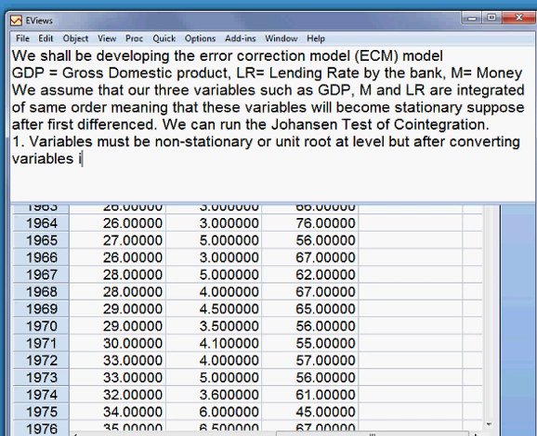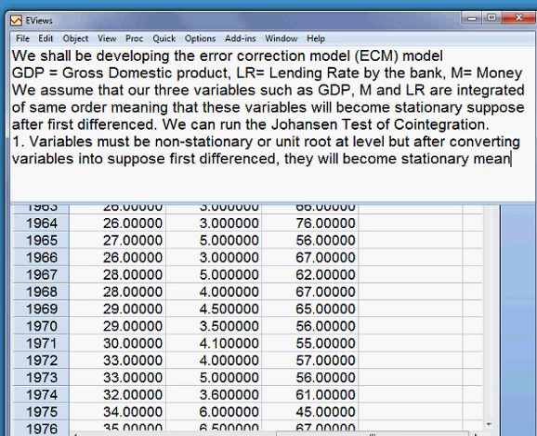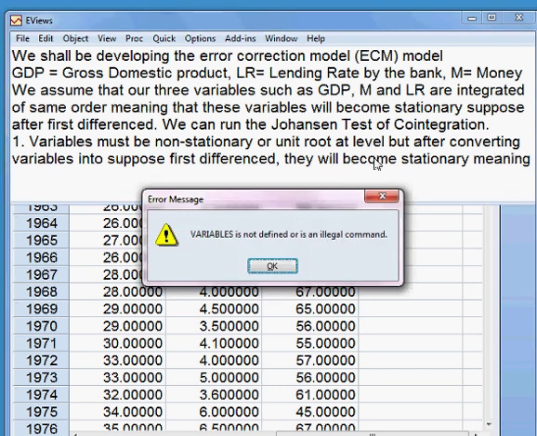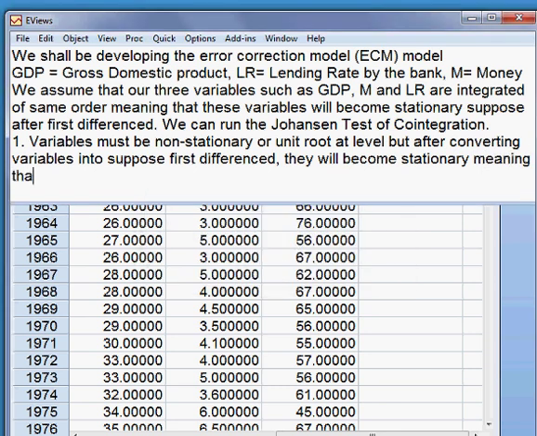But after converting variables into, suppose, first difference, they will become stationary, meaning that there is no unit root.